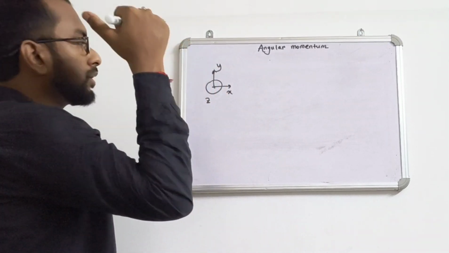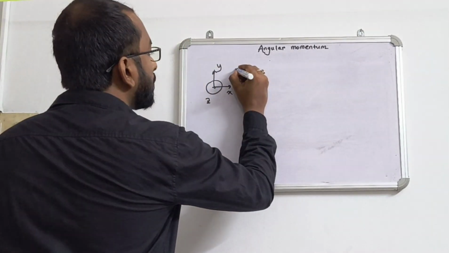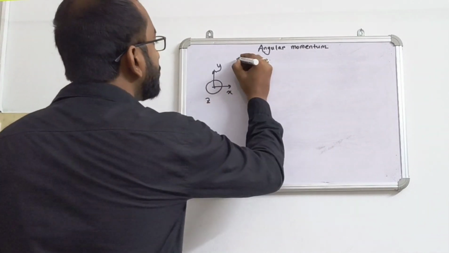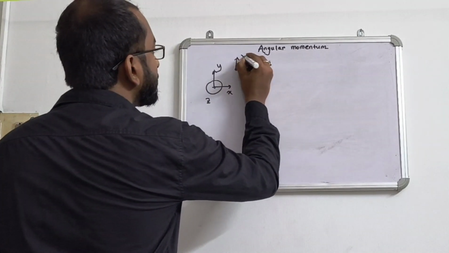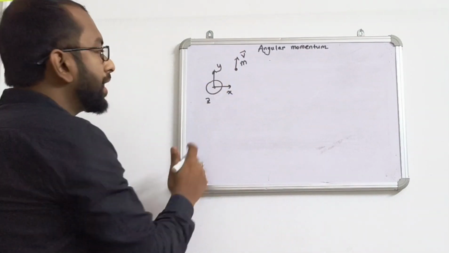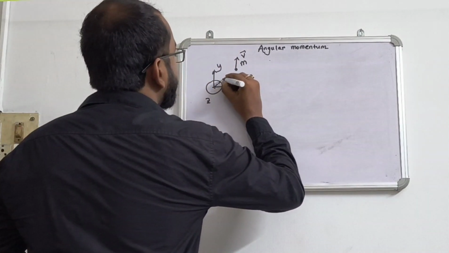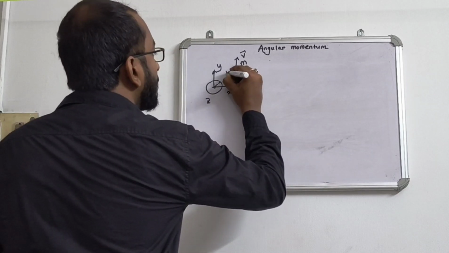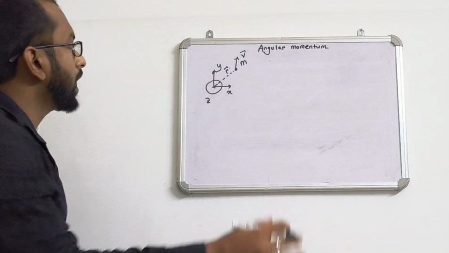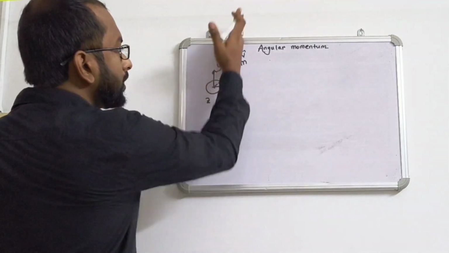A point mass m is moving with velocity v in this direction. At this instant, the distance vector of the point mass is r, and it is moving with velocity v in this direction.